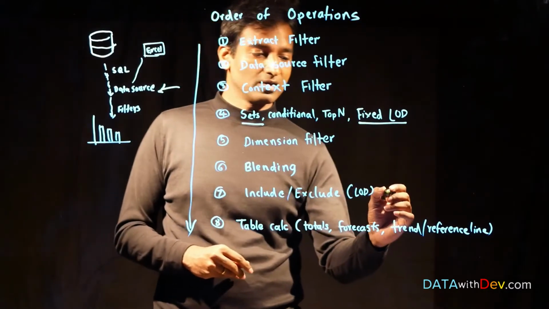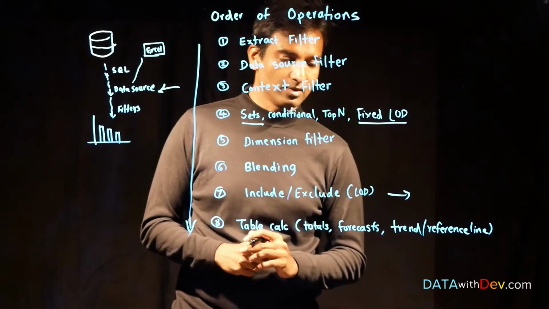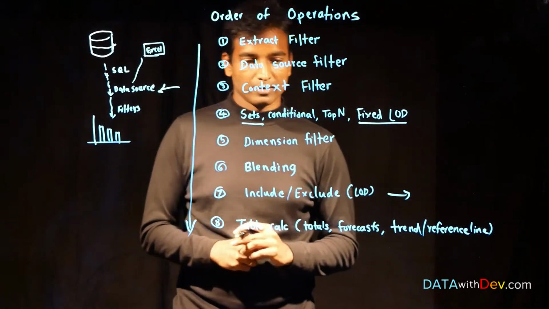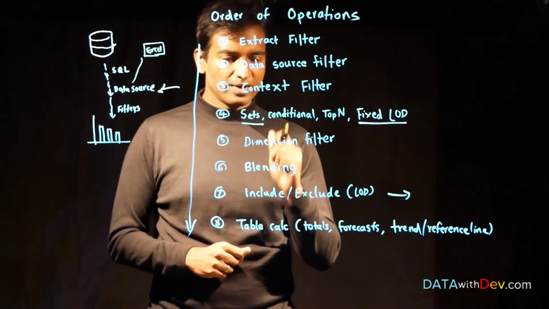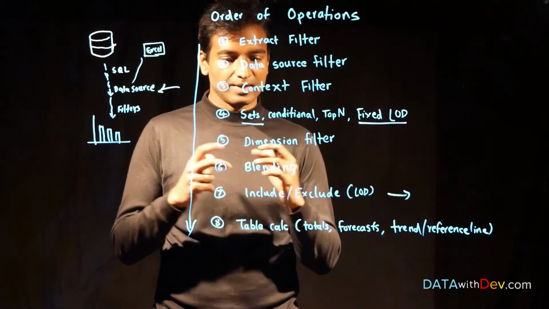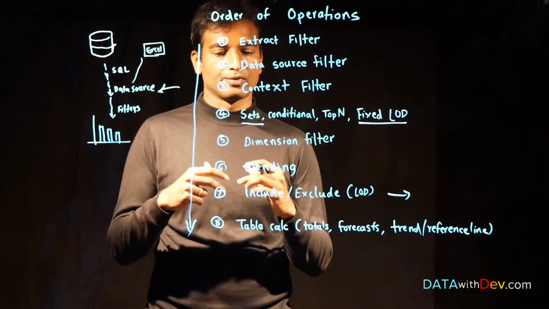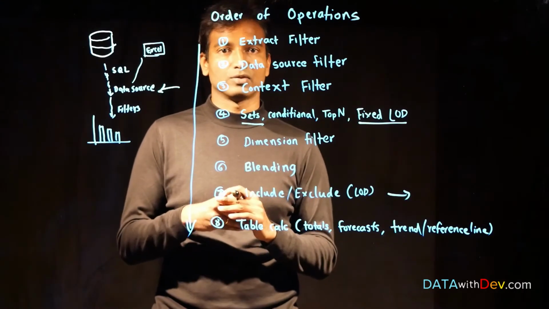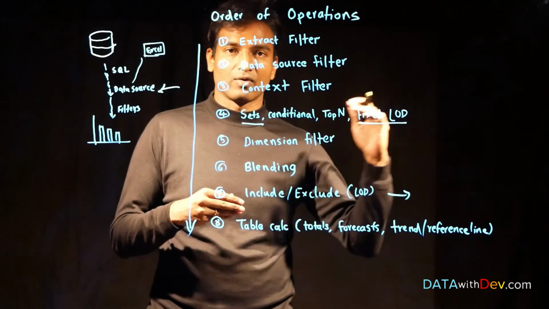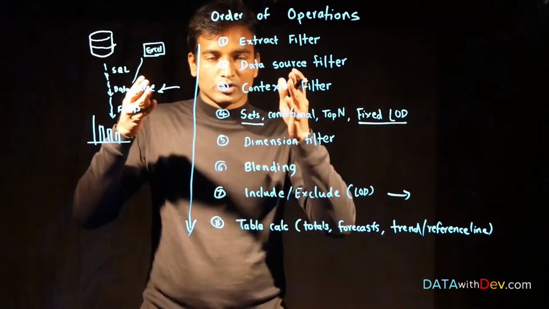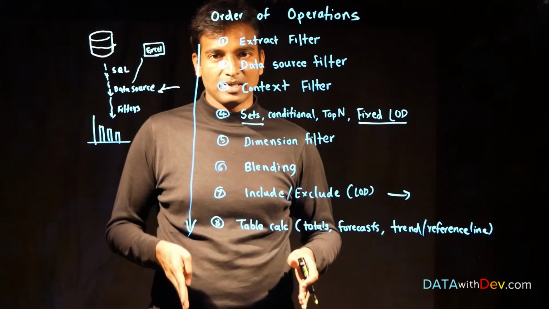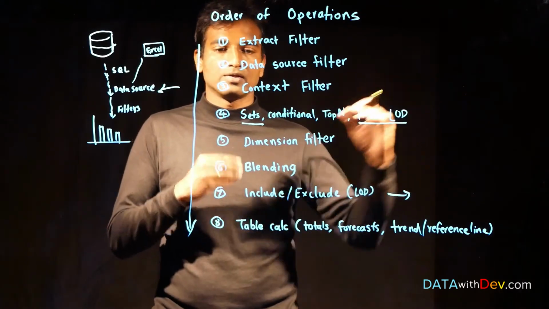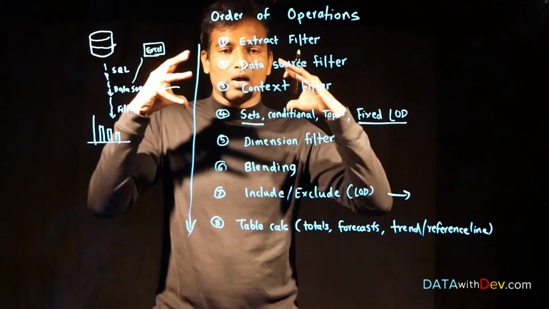The next thing that comes is include exclude filter, include exclude level of detail expressions. Again, they can be very handy. For example, if you're trying to get the average for a particular city versus the metric for a state, and you are showing that on a line by line basis, and each line contains the city, in this case you want to jump higher.